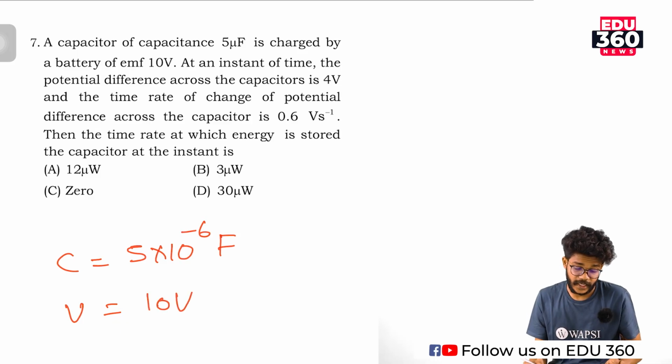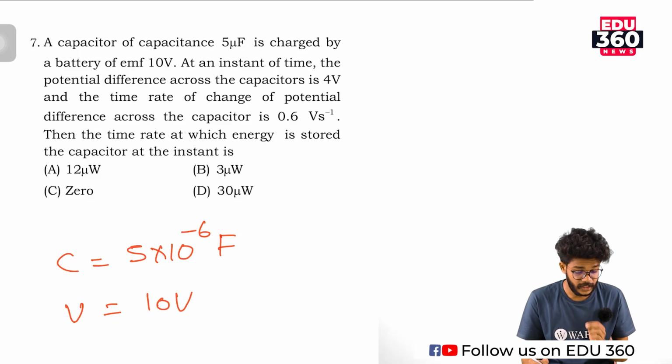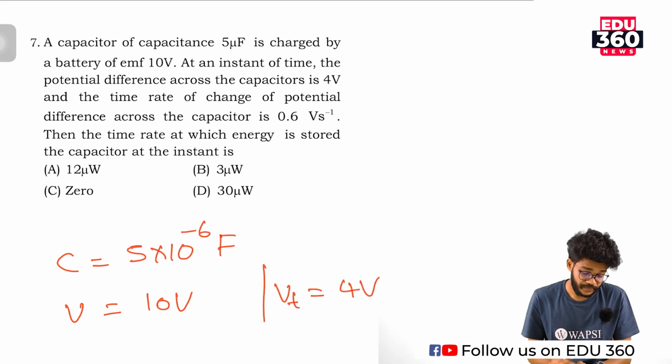At an instant of time, the potential difference across the capacitor is 4 volt, so at that instant V(t) is 4 volt.